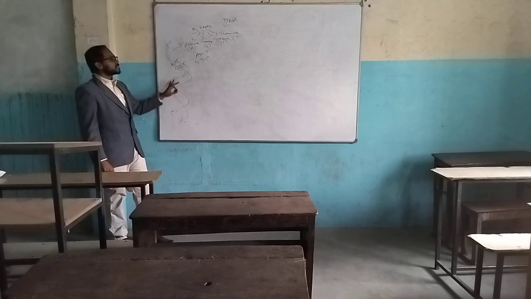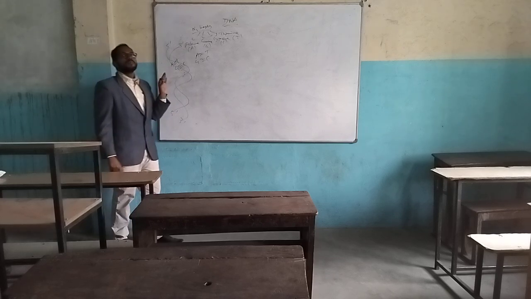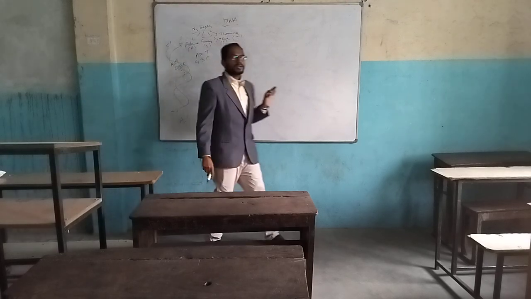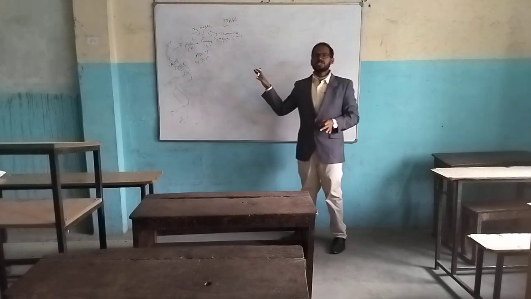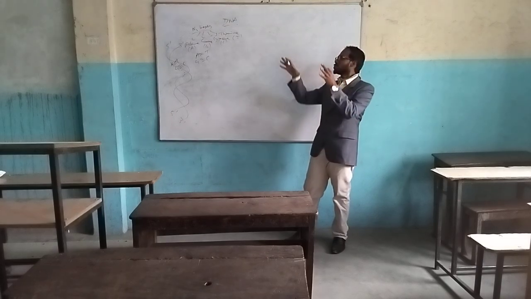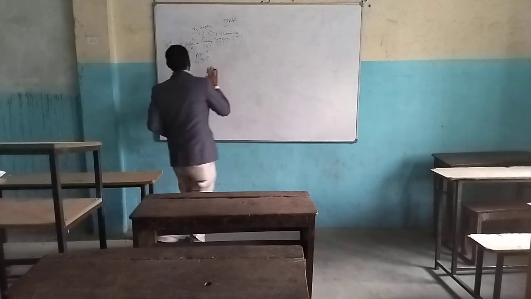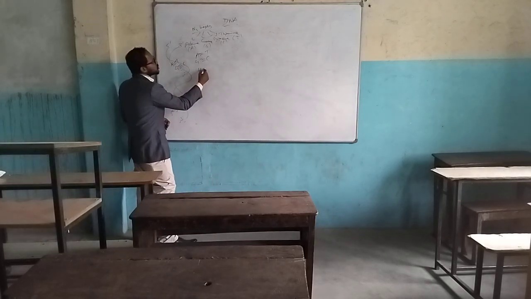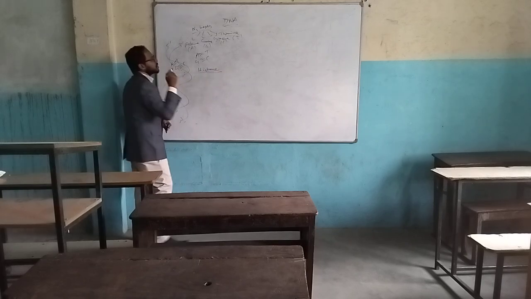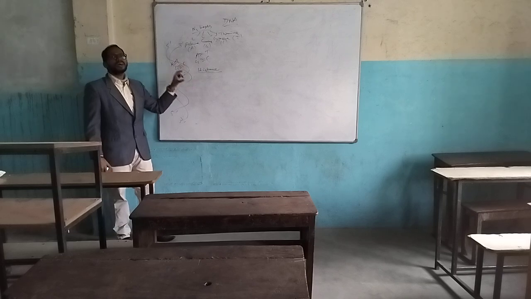In this double helical structure of DNA there are some proteins. I said earlier that DNA is acidic in nature, so there are some basic proteins which hold this double helical structure. They are the histone proteins. Histone proteins are basic proteins.